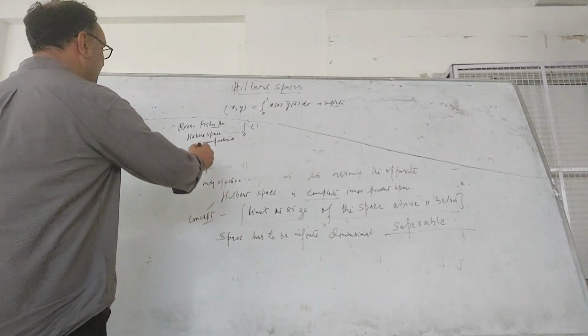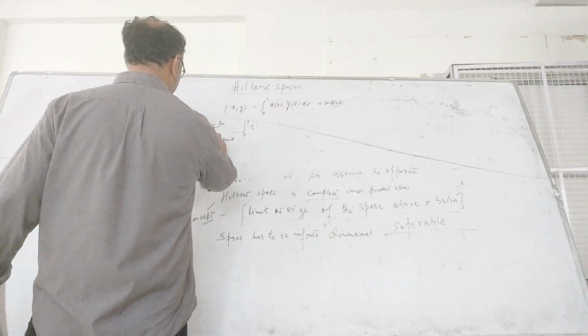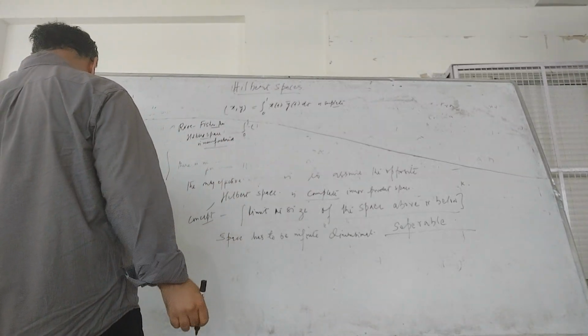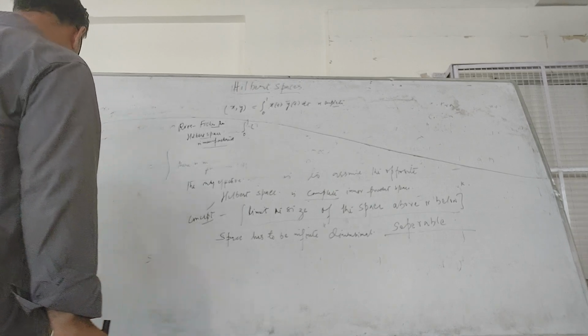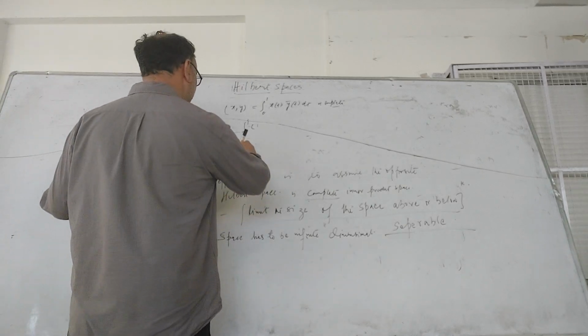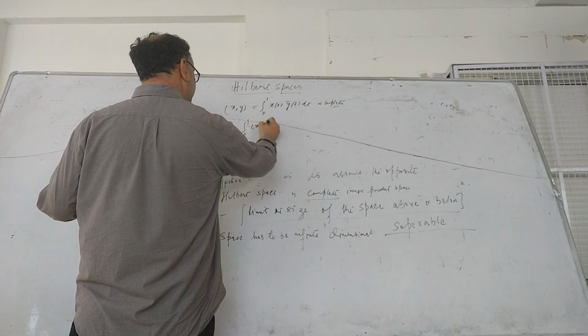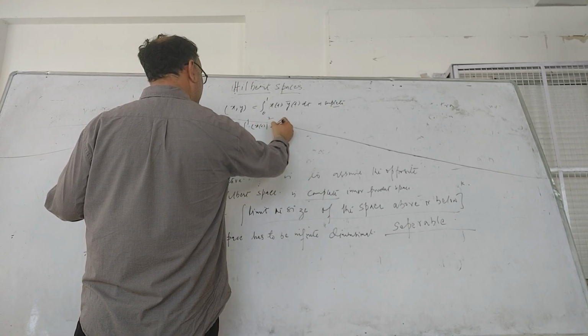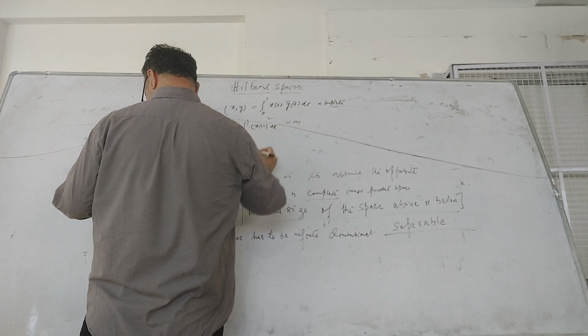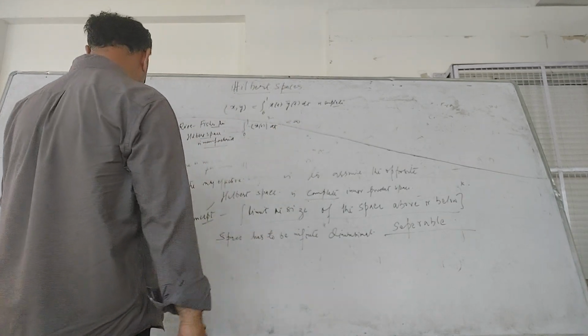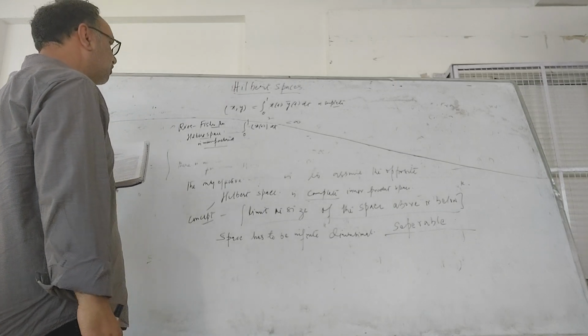In the same sense, we can construct or manufacture a Hilbert space, to use a cruder term, out of the set of functions for which the integral of x(t) squared dt is less than infinity, in the sense of the Lebesgue integration.